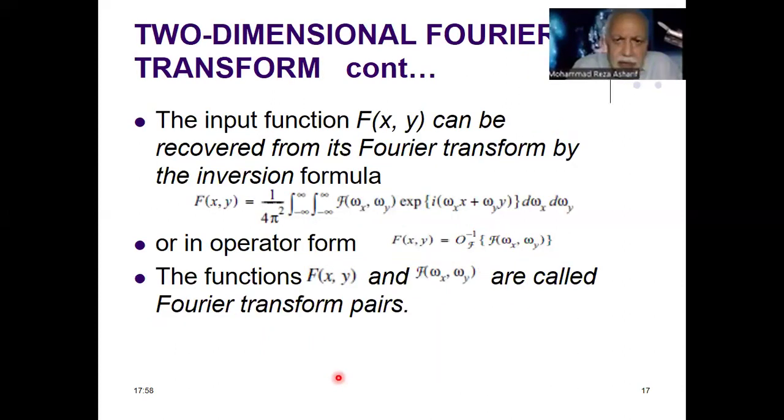And the input f of x, y can be recovered from the Fourier transform by the inverse Fourier transform, which gives the inverse function f of x, y from F of omega x, omega y. This is the inverse of the Fourier transform.